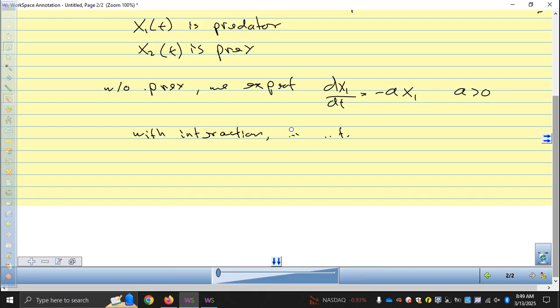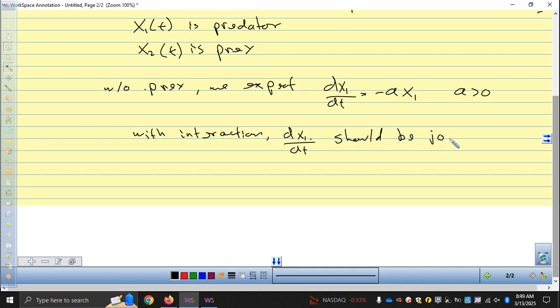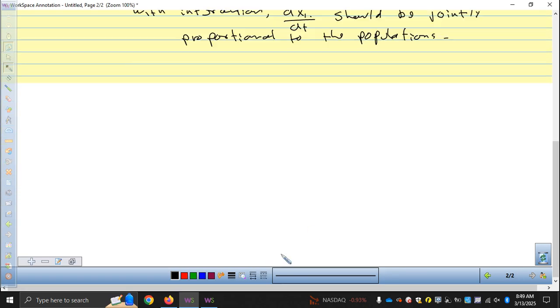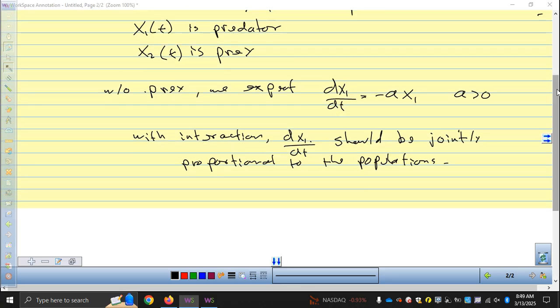I'm just going to write dx1/dt should be jointly proportional, and there are other assumptions you can make. This is just a simplifying assumption.